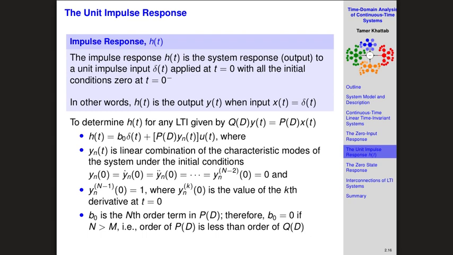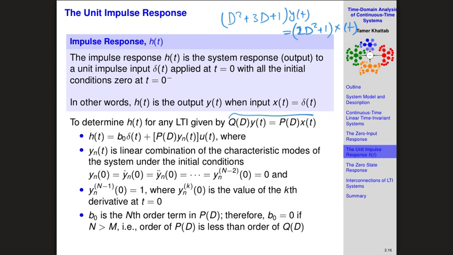What remains is this. This b of 0 is actually, imagine that, for example, I will just simplify it by giving an example and we'll stop there. Imagine that this was something like this: D squared plus 3D plus 1 of y of t is equal to 2D squared plus 1 of x of t.